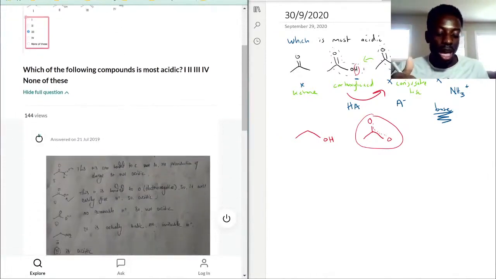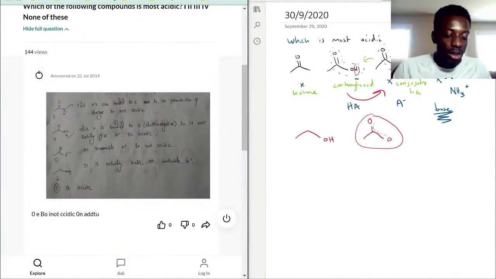So now let's see what they have here in terms of the answer. The first one, the ketone, as we discussed, is not able to give away any of its hydrogens because it's bonded to carbons. Those don't count as hydrogen bonds. Now they mentioned the OH. It's able to give away its hydrogen. This is going to be probably the most acidic.